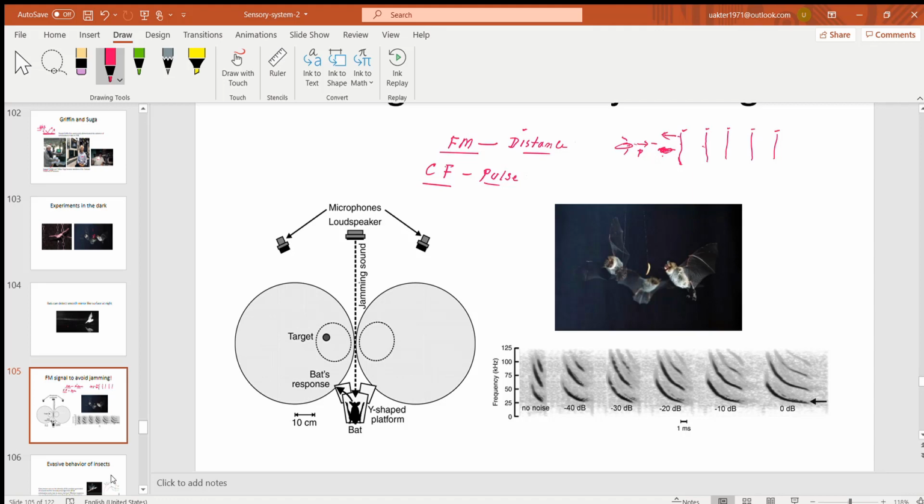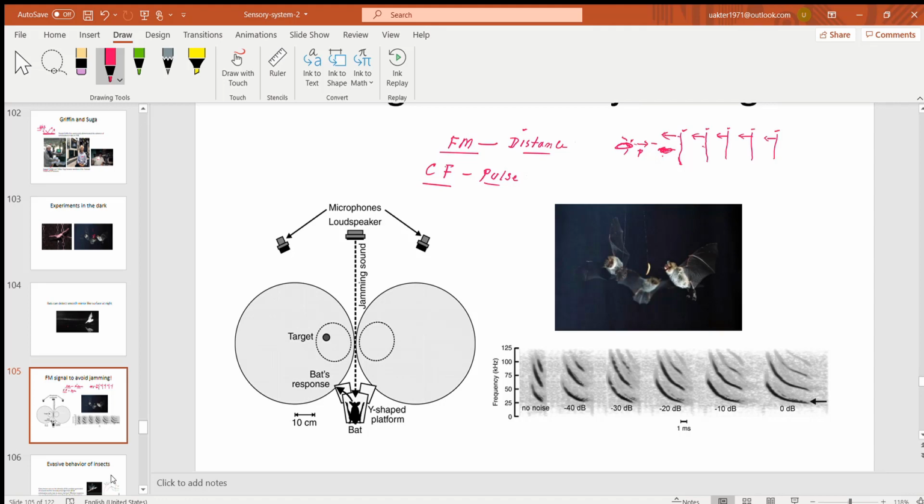So the bat has to process that highly complicated echo. Anyway, from all these objects the sound returns as echo, and the returning echo frequency is slightly higher, and that is the Doppler shift, right?